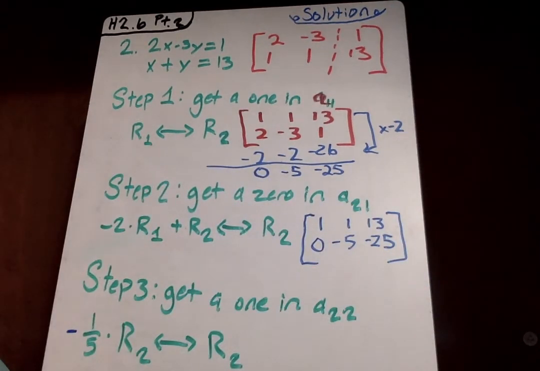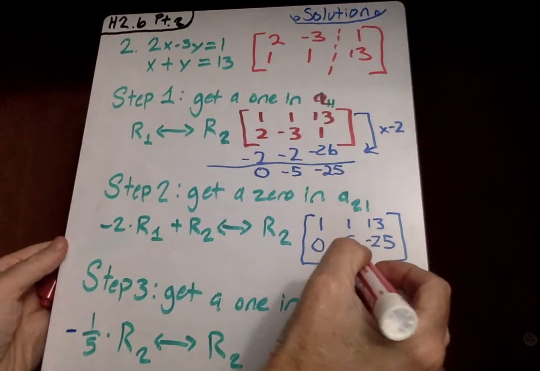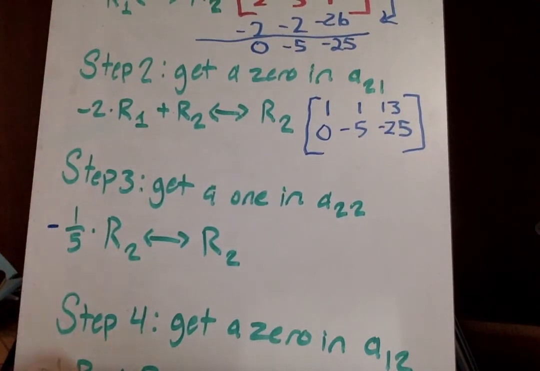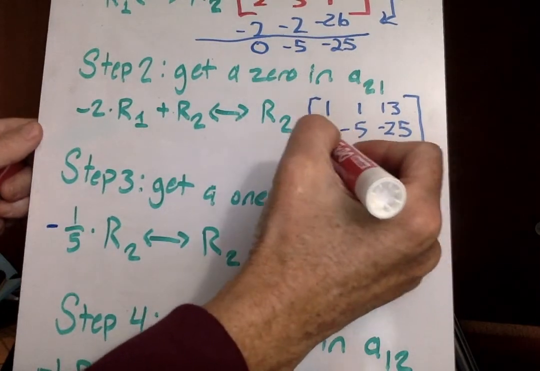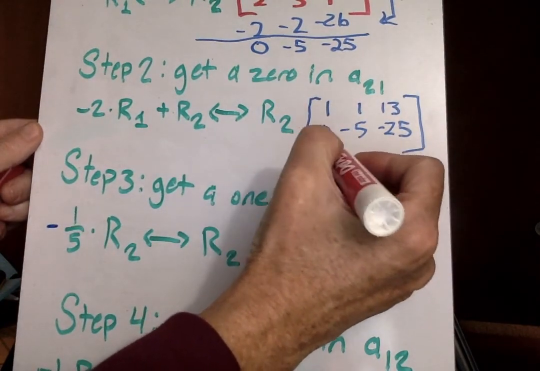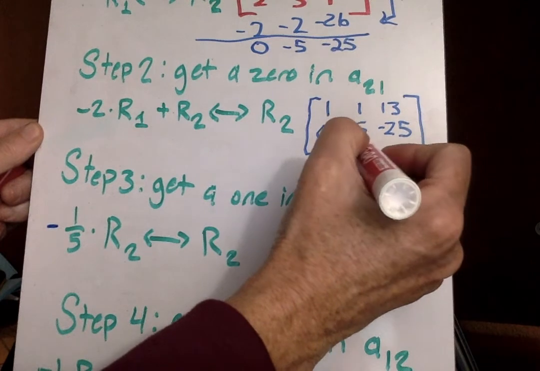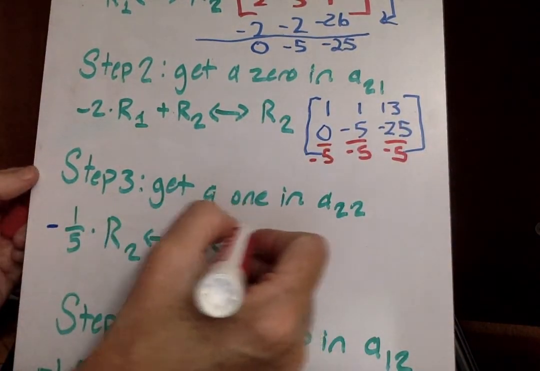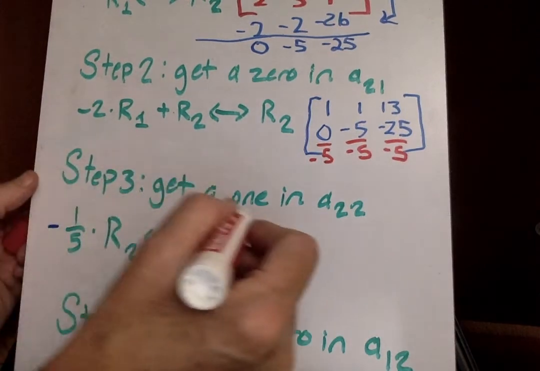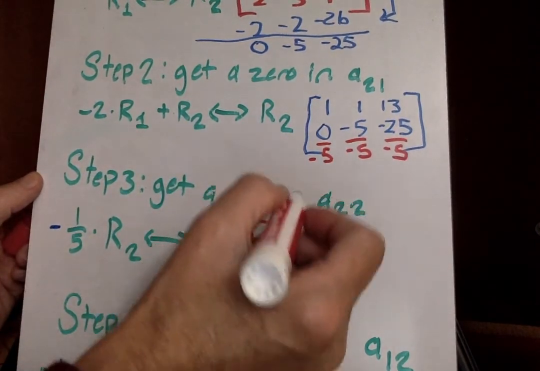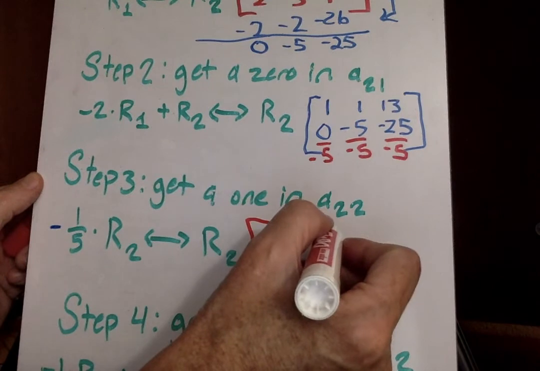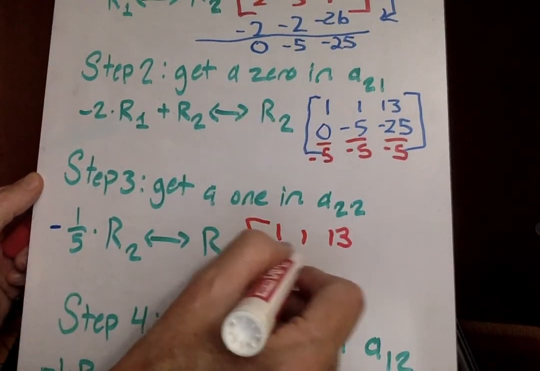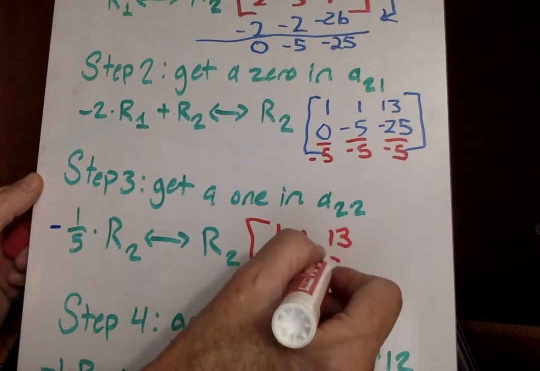So to do that, I'm just going to divide by negative 5 right here, divide by negative 5, divide by negative 5. So again, that's the same as multiplying by negative 1/5. My new matrix is going to be 1, 1, 13. We didn't do anything with the top row. The next one is 0, 1, and 5.